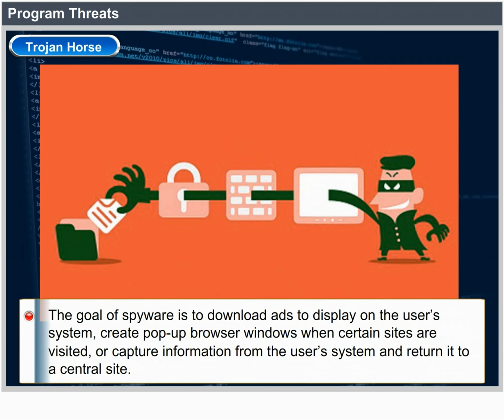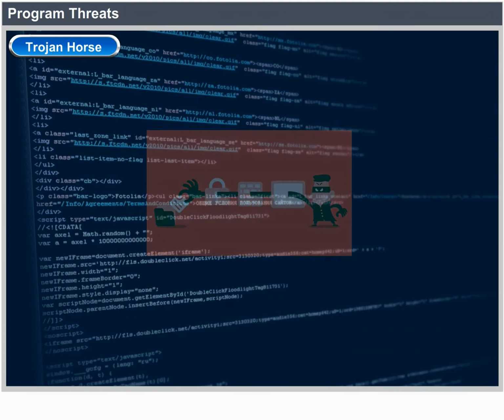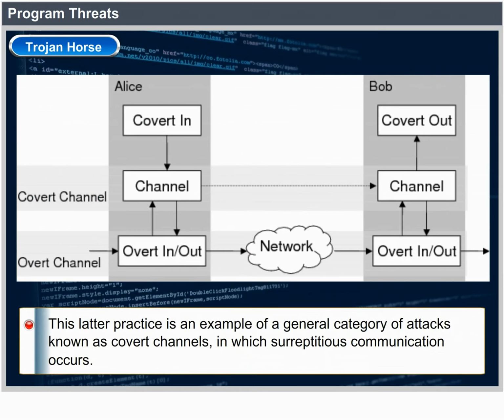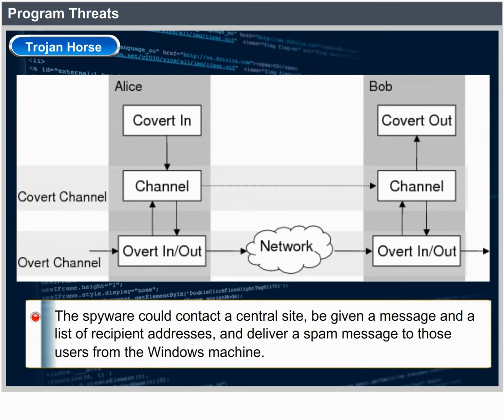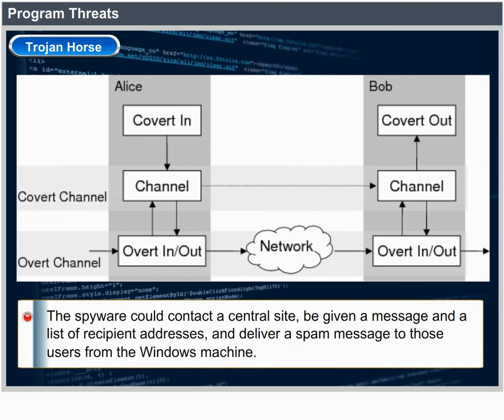This latter practice is an example of a general category of attacks known as covert channels, in which surreptitious communication occurs. For example, the installation of an innocuous-seeming program on a Windows system could result in the loading of a spyware daemon. The spyware could contact a central site, be given a message and a list of recipient addresses, and deliver a spam message to those users from the Windows machine.